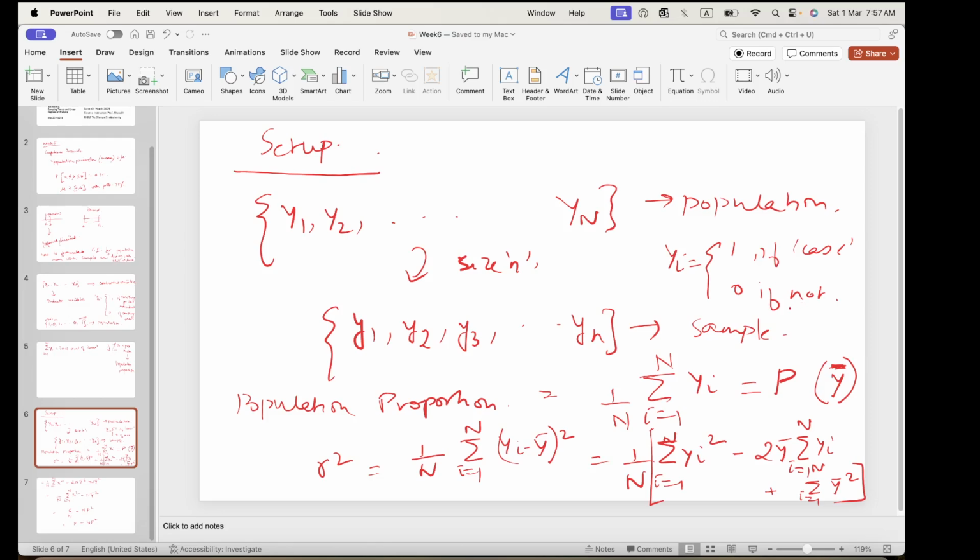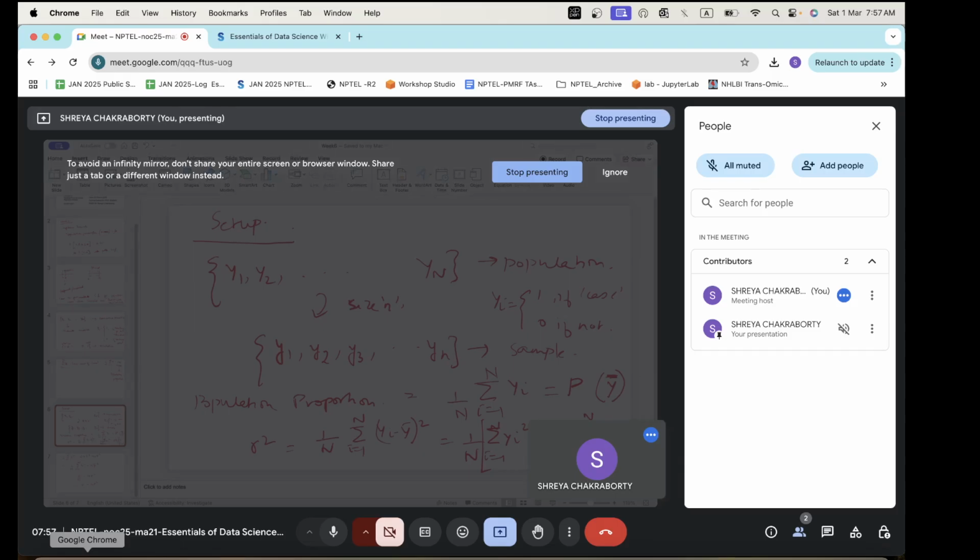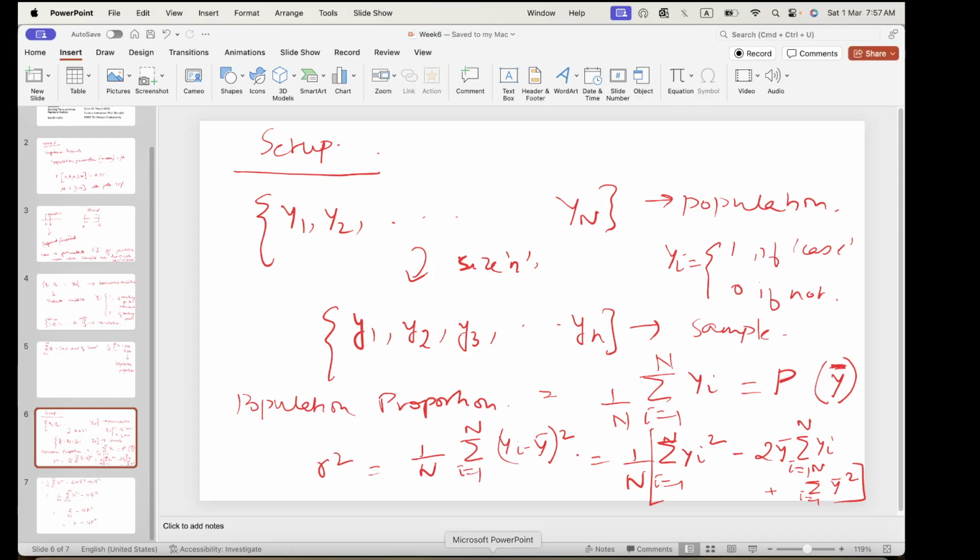So population proportion in that case will be 1 by capital N summation i equal to 1 to N Yi, and that would be equal to capital P, or that is capital Y bar.